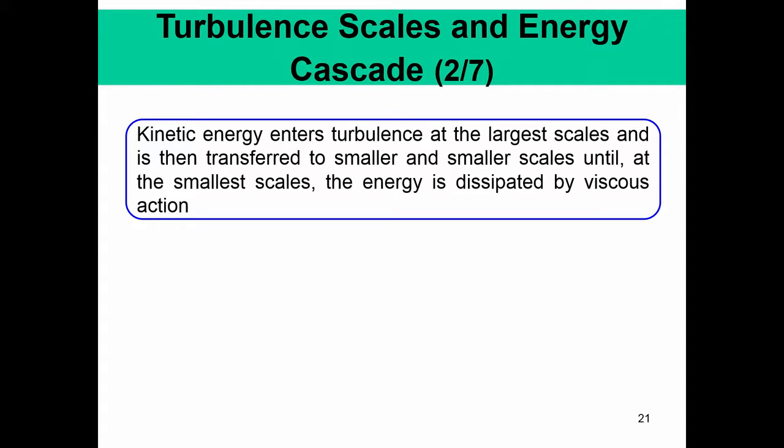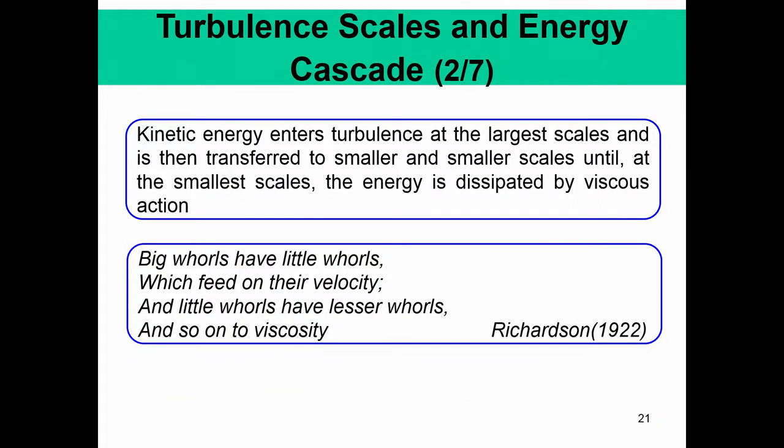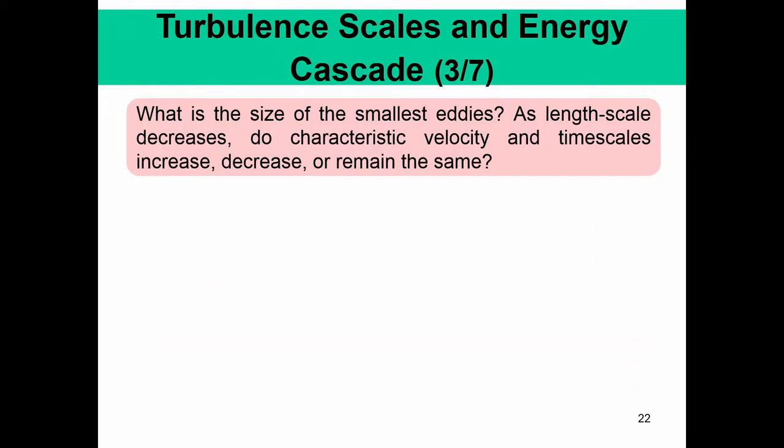This concept was realized by Richardson, much earlier than Kolmogorov, and he penned this poem: big whorls have little whorls which feed on their velocity, and little whorls have lesser whorls, and so on to viscosity. It is a nice poem that conveys this whole picture to the general audience.